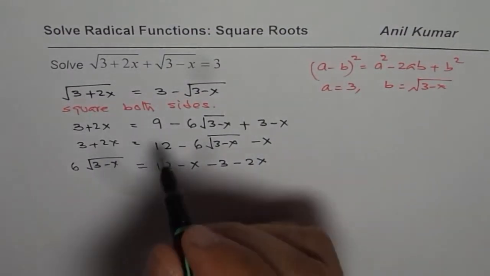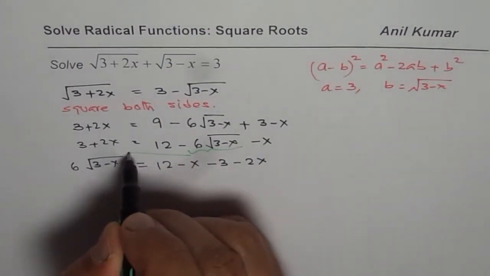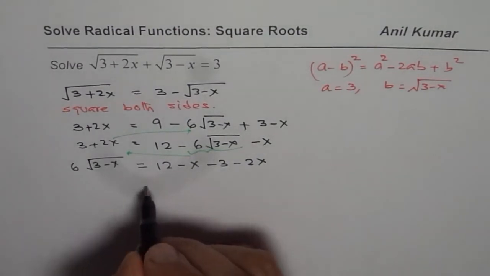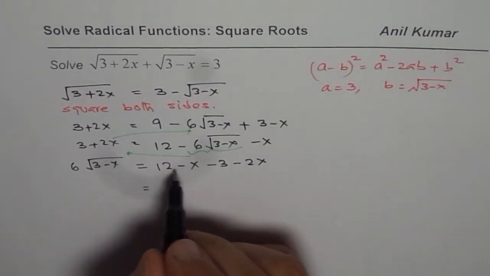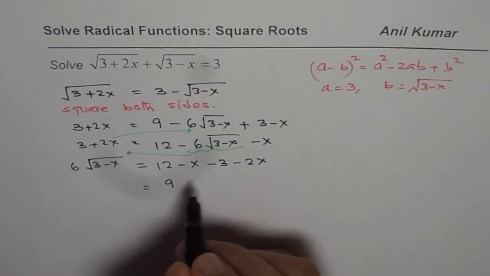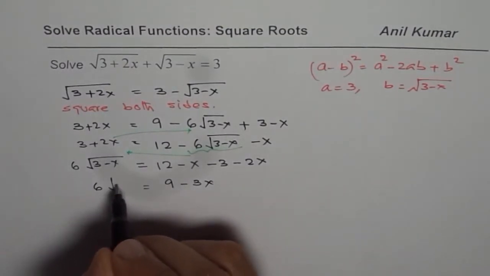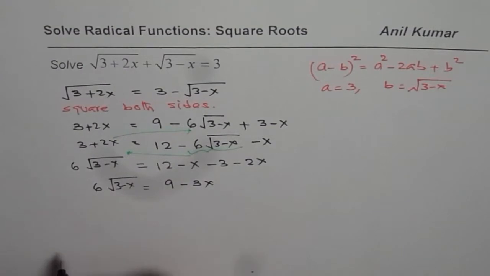So what we did here was bring this term to the left side and all other terms to the right side. Now we can simplify this a bit. 12 minus 3 is 9, and 9 minus 3x equals 6 times square root of 3 minus x.